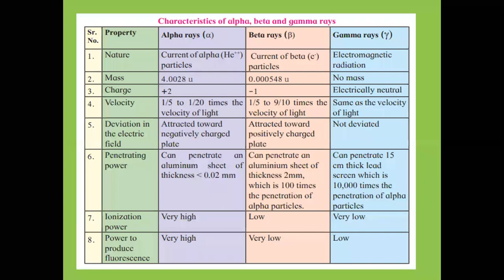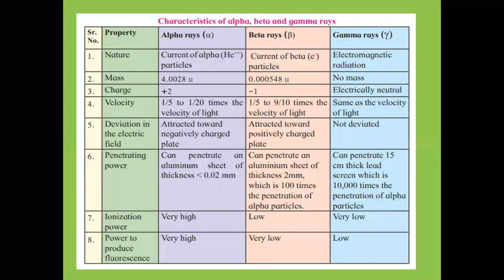Beta rays carry a negative charge, which is the charge of an electron. And gamma rays are electromagnetic radiations. See, alpha is positive, beta is negative, gamma is electromagnetic radiation. When I say alpha is positive, what does it mean? They are doubly charged helium ions, meaning He2+. And beta rays are negative, meaning e-.